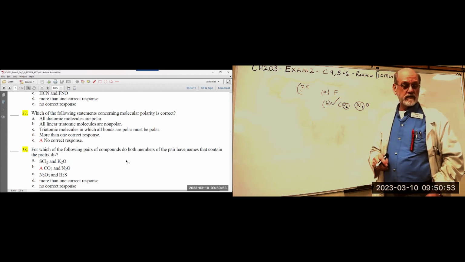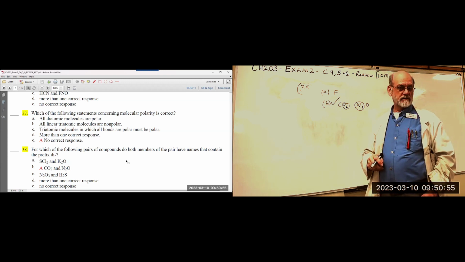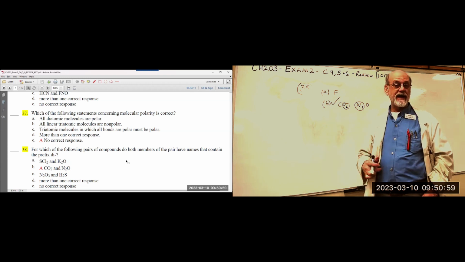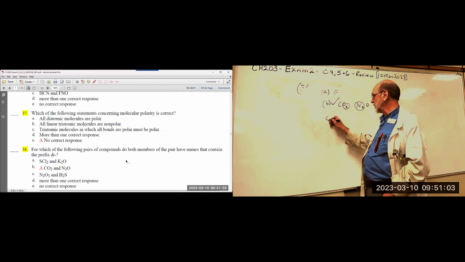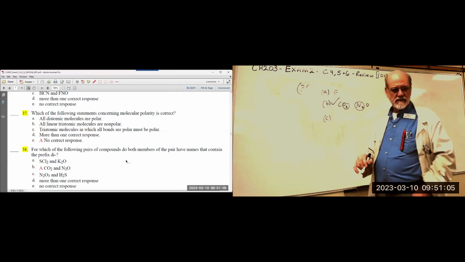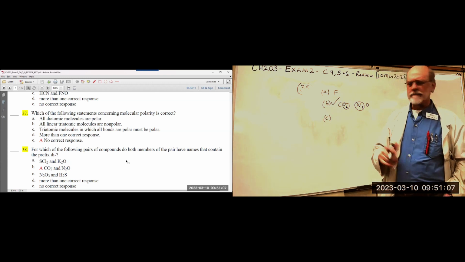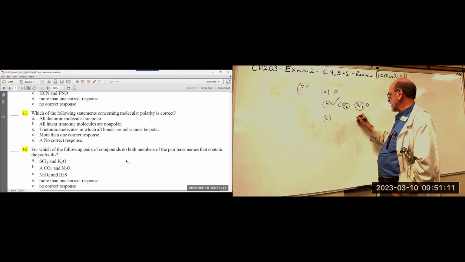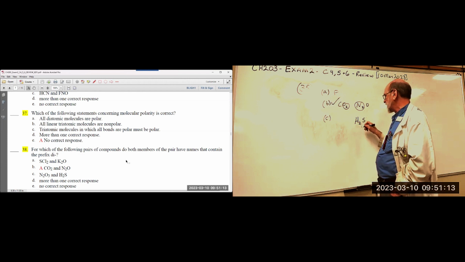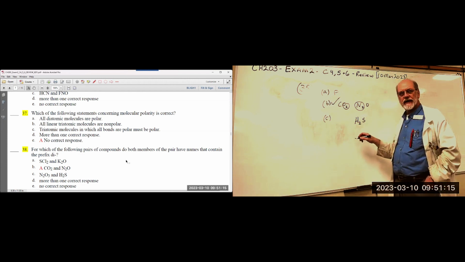C can't be true. Hydrogen sulfide, well, technically dihydrogen sulfide. Dinitrogen trioxide for C. Well, okay. Typically, we say the name for this one is hydrogen sulfide.